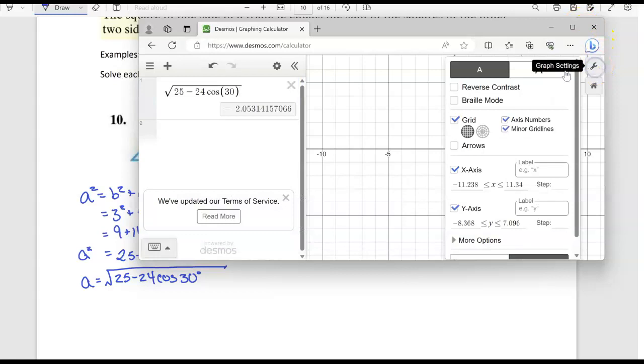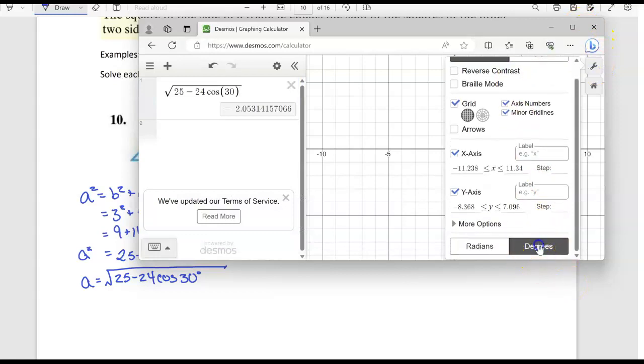So I'm going to go to this and see I am in degree mode. So there's my approximated side. A is approximately equal to 2.05.